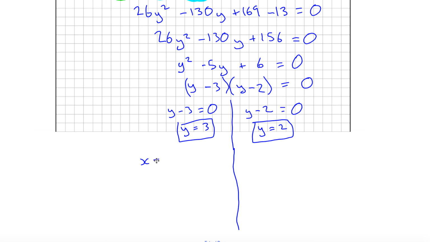So if x is equal to 5y minus 13, I can substitute the y value here of 3 in here. And that's going to give me x is equal to 5 times 3 minus 13. So x is equal to 5 3s is 15, and 15 minus 13 is 2.